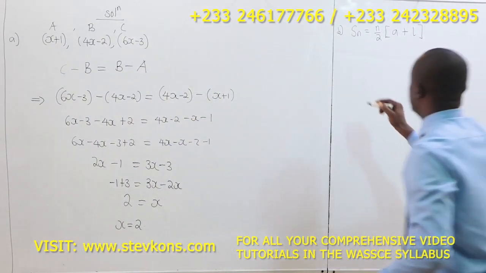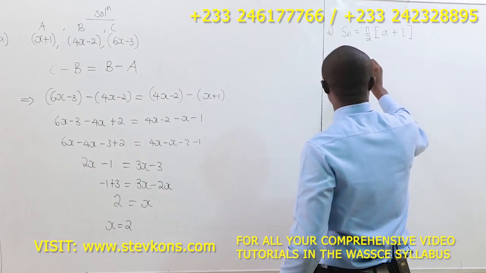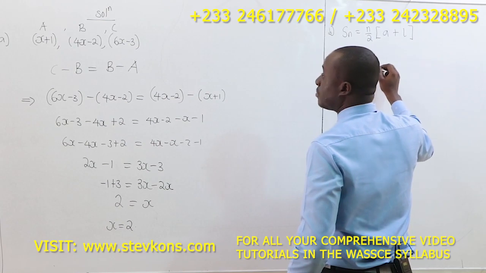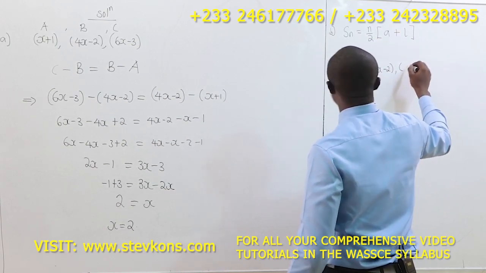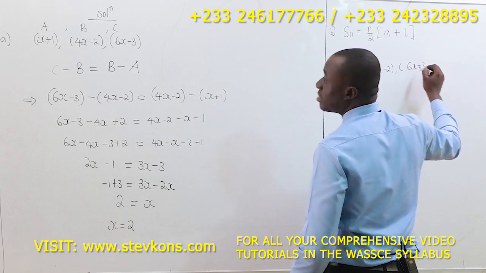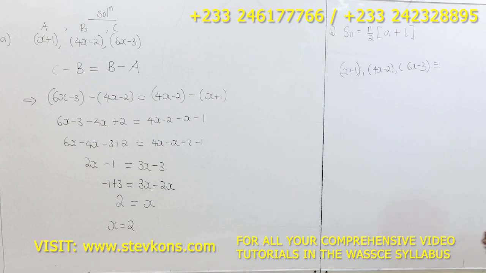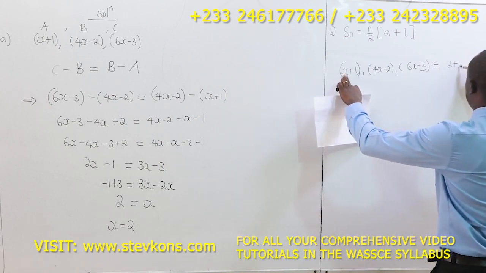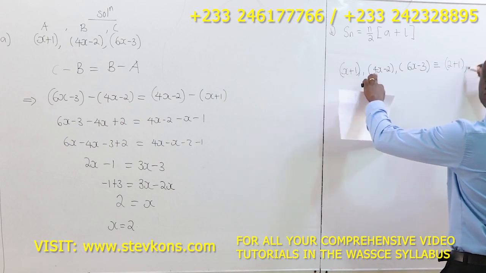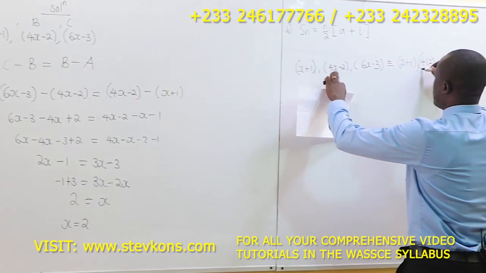But let's see, what are the terms? The terms are x plus 1, 4x minus 2, and then 6x minus 3. Now we know x. What is x? x is 2. So in place of x, 2 plus 1, that's the first one. 4 times 2 minus 2, that's the second term.